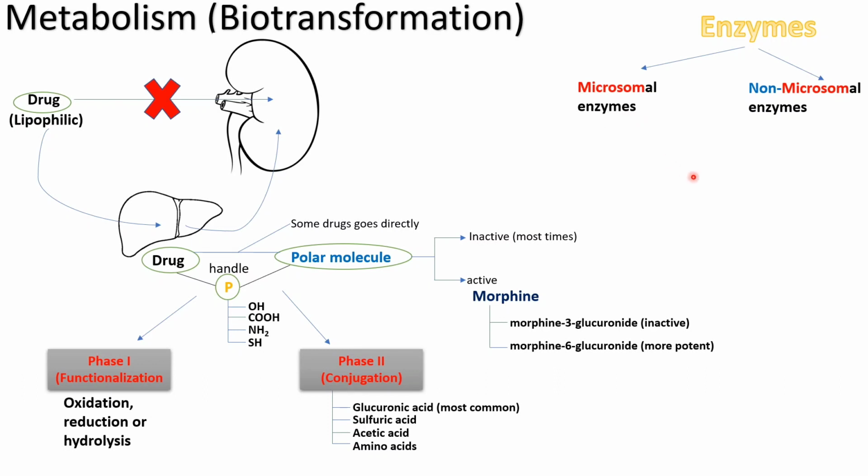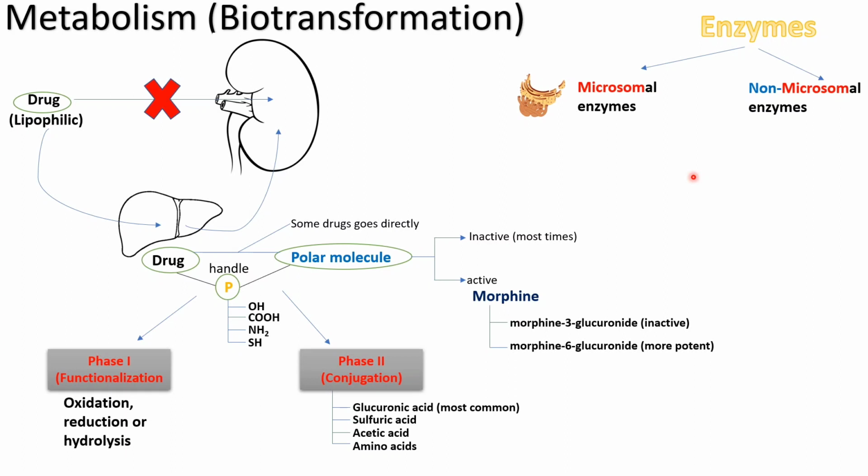Well, what are these microsomes that we named these enzymes after? Microsomes are vesicles that are not found as such inside the cells, but are reformed from pieces of endoplasmic reticulum.